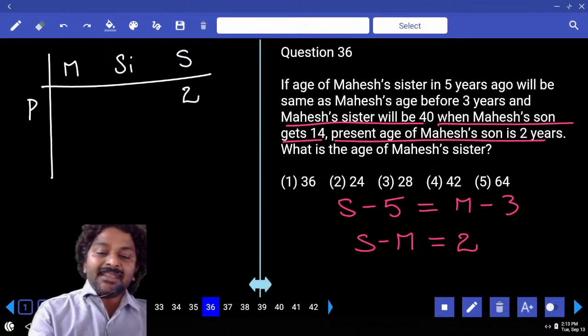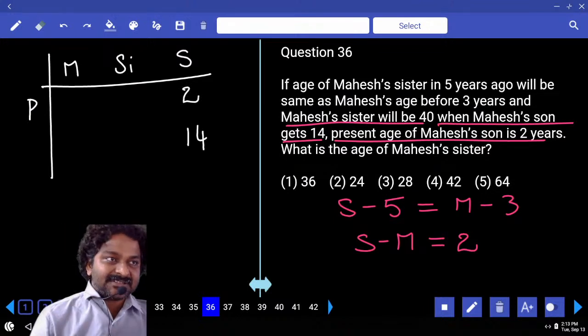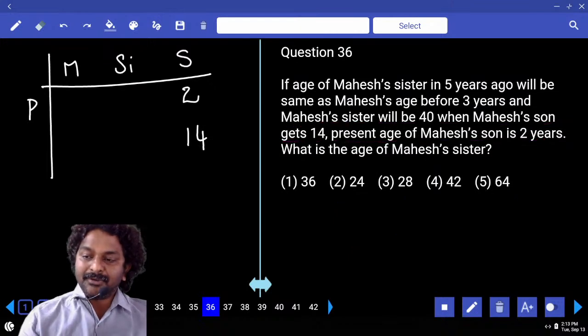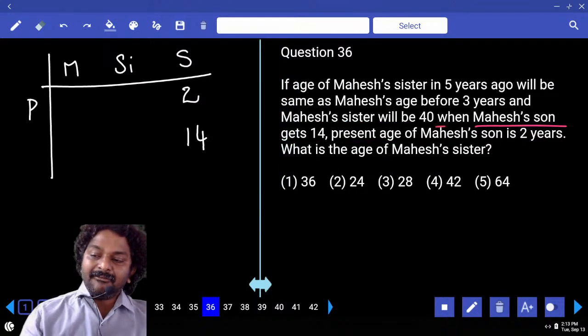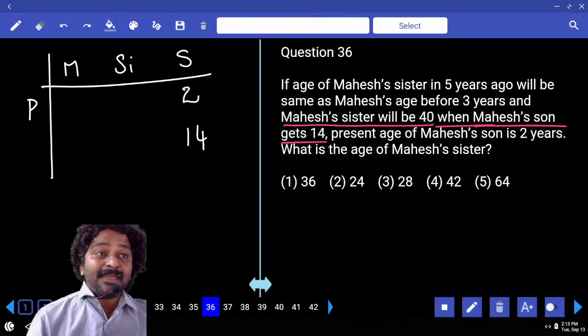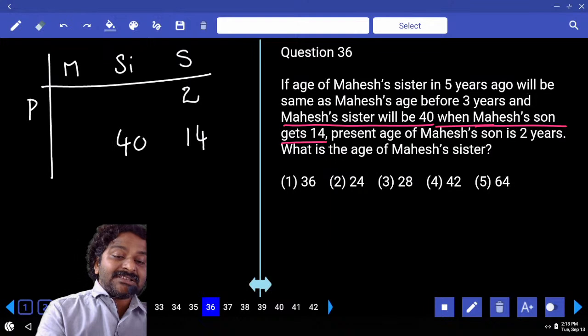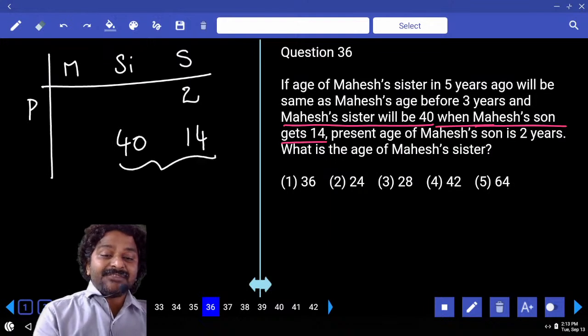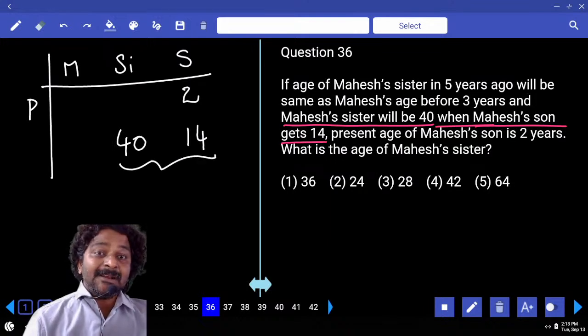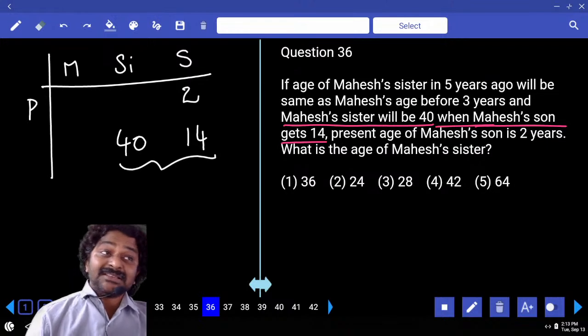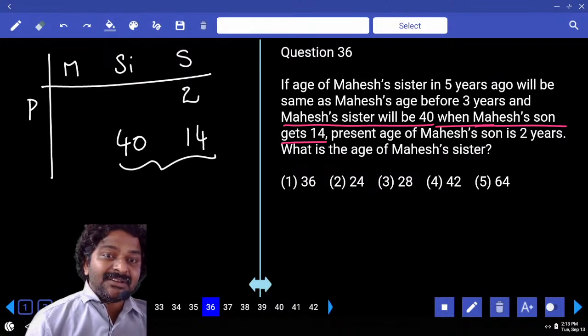Right. When he gets 14 years, we have a condition, right? When Mahesh's son gets 14, Mahesh's sister will be 40 years. What is the age difference between sister and son? 26. It has to be 26 at any time.